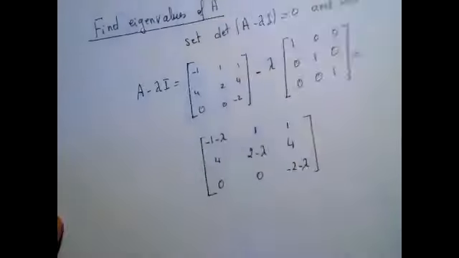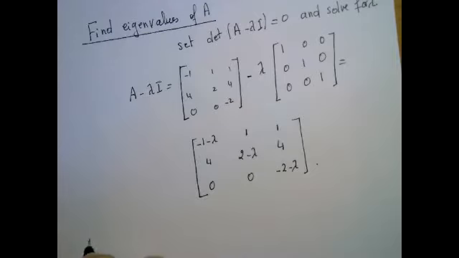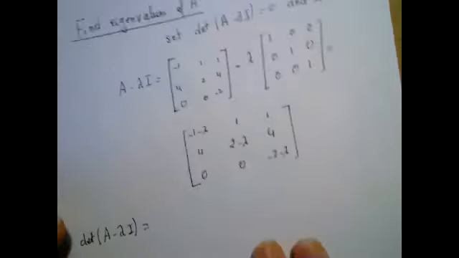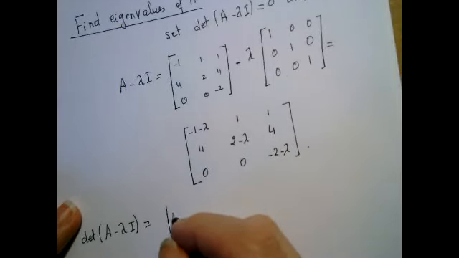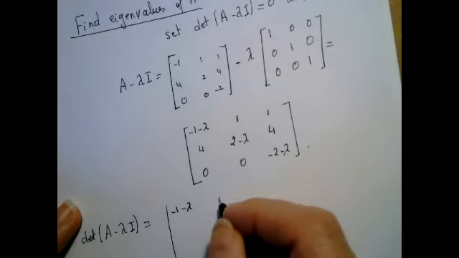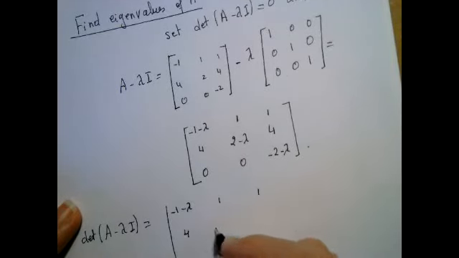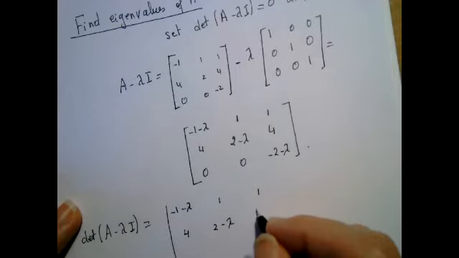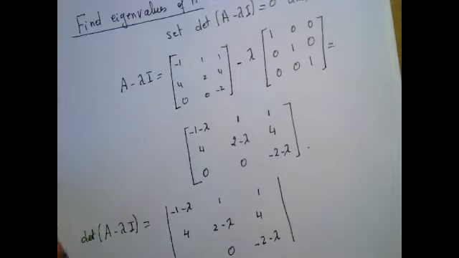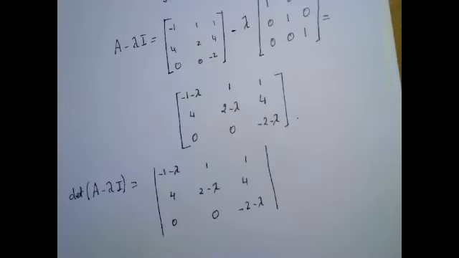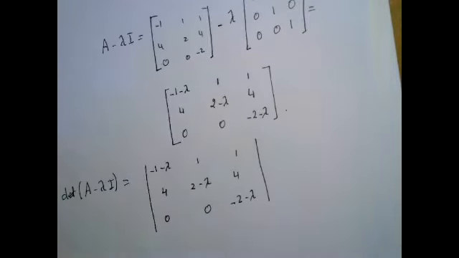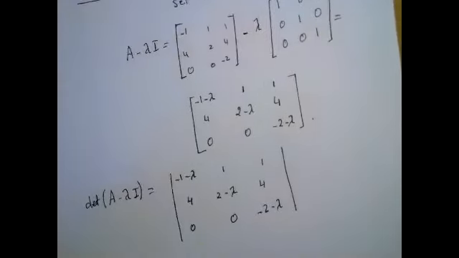Now I need to set the determinant equal to 0. So let's compute the determinant. The determinant is -1 minus lambda, 1, 1, 4, 2 minus lambda, 4, 0, 0, -2 minus lambda. Now, of course, we learned determinants, so we can do those problems.